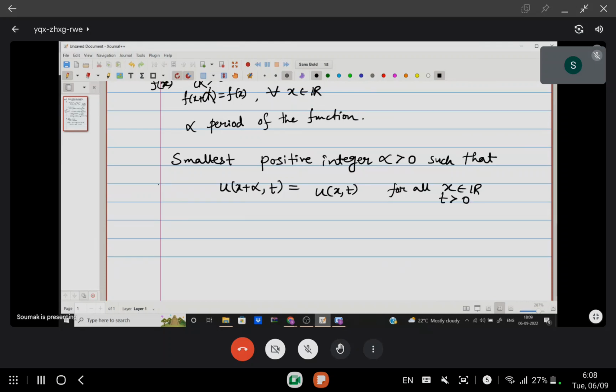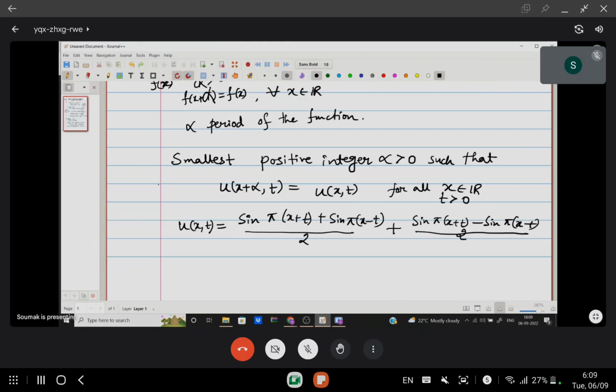So my u of x, t I got as sine of pi (x plus t) plus sine pi (x minus t), divided by 2, plus sine again pi (x plus t) minus sine pi (x minus t), divided by 2 pi. So I have to find the period for this u.